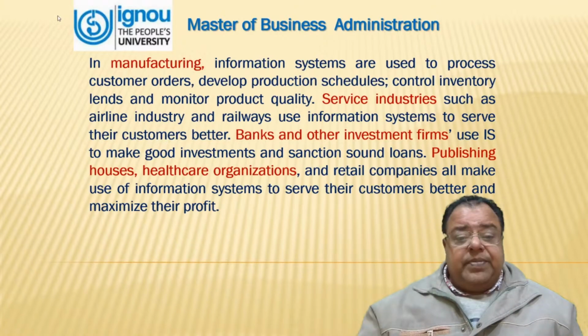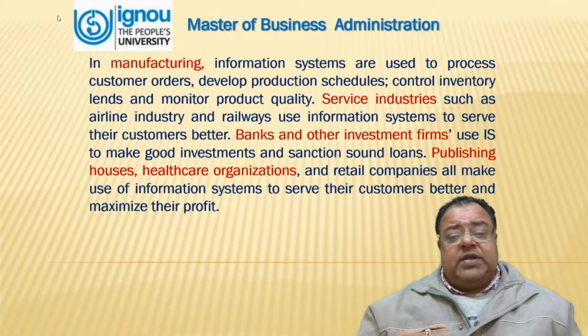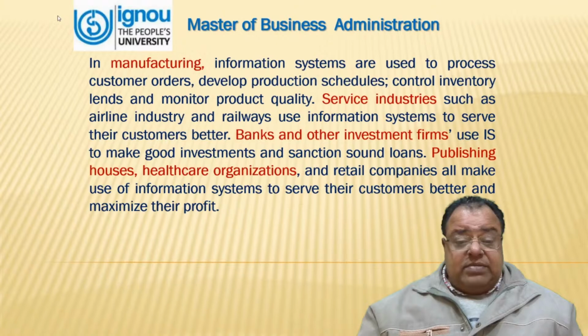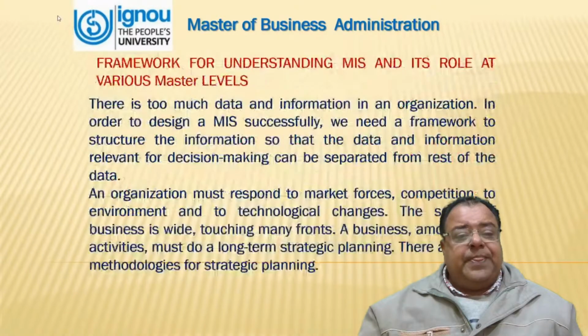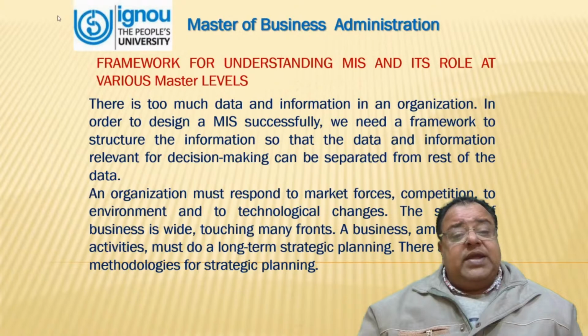Banks and other investment firms use information systems to make good investments and sanction sound loans. Publishing houses, healthcare organizations, and retail companies all make use of information systems to serve their customers better and maximize their profits.